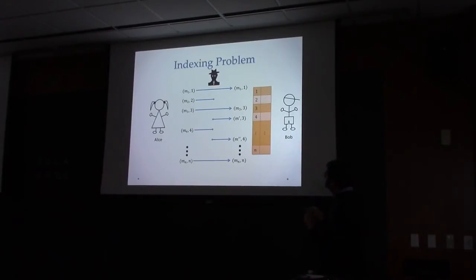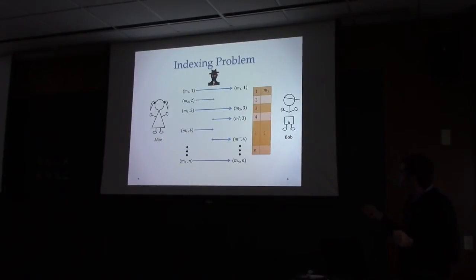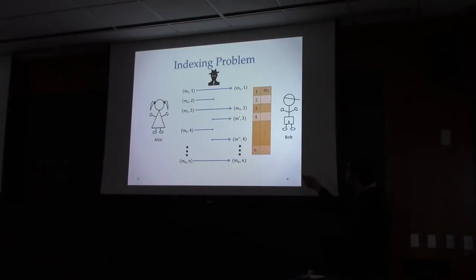So in this case, he can be sure that this was what Alice meant to send. The other thing that can happen is that he doesn't receive anything with some particular index. This is what happens here for index number 2. So he doesn't know what the second message is.